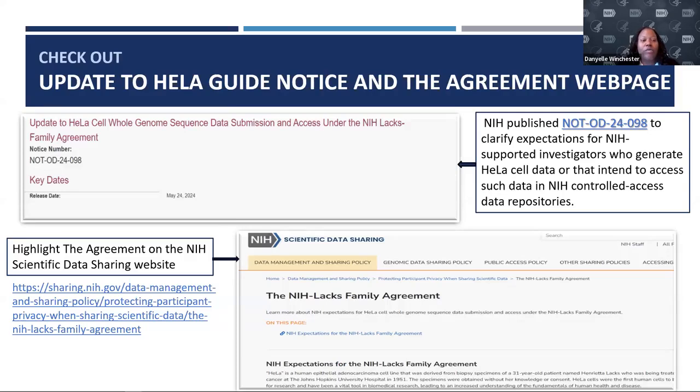We're encouraging everyone to check out this guide notice, and we'd also like folks to share it with your network and your community. We also highlighted the agreement on the NIH scientific data sharing website, so that's now available. Folks can go and visit and get additional information about the agreement there. Next slide.